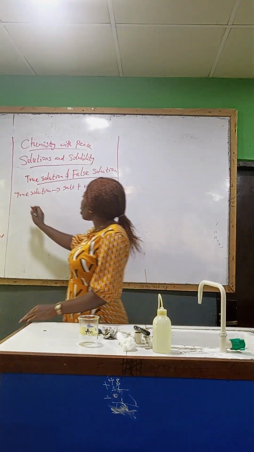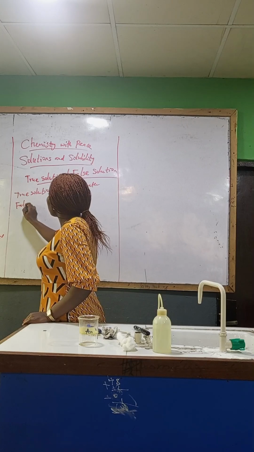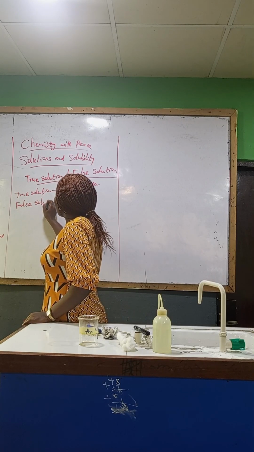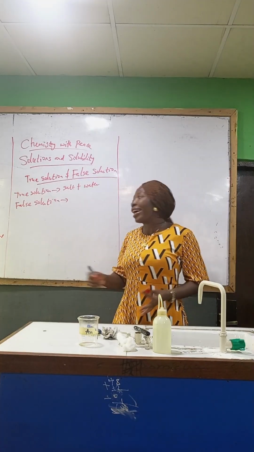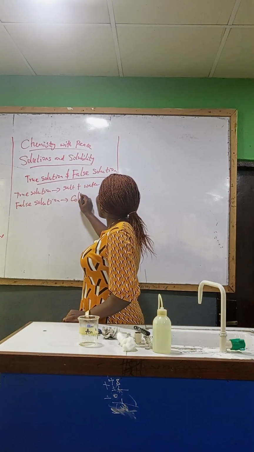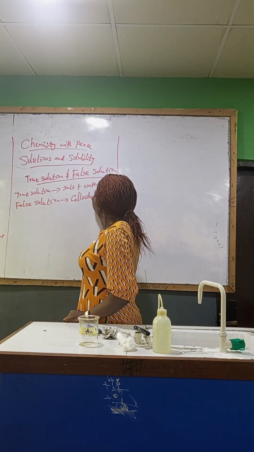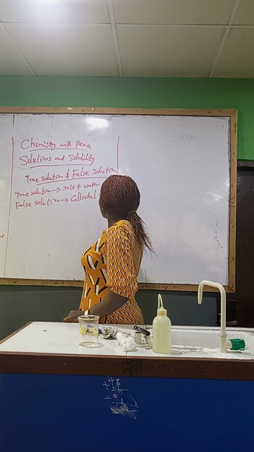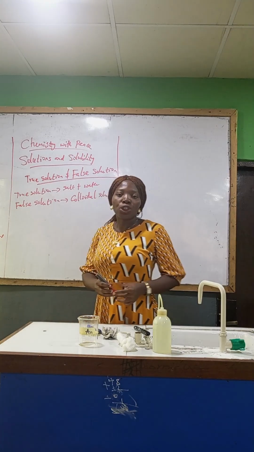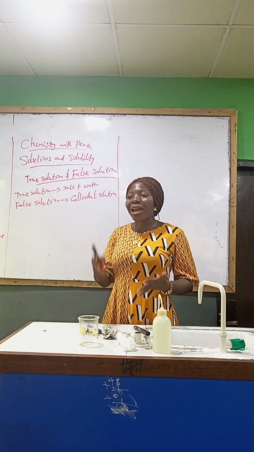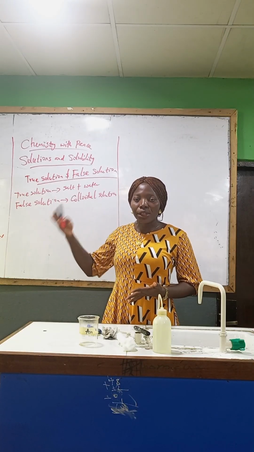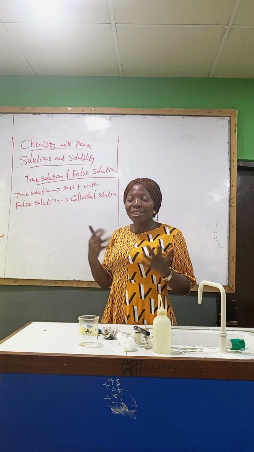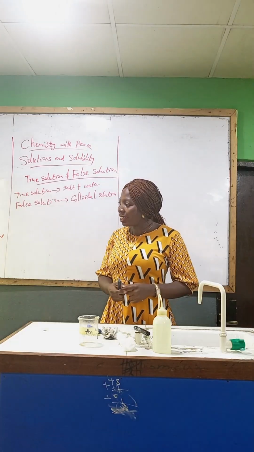But coming to false solution, false solution is also known as colloidal solution. A false solution is a solution whereby the particles are larger than that of a true solution, but not large enough to see with the naked eye.